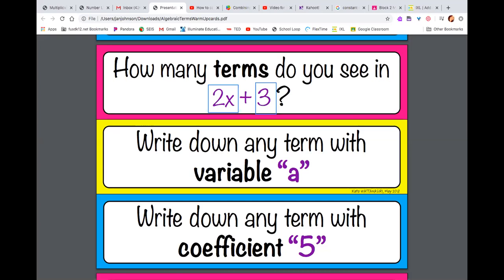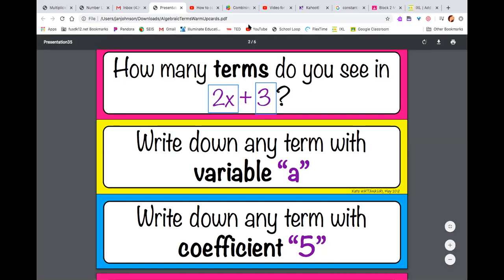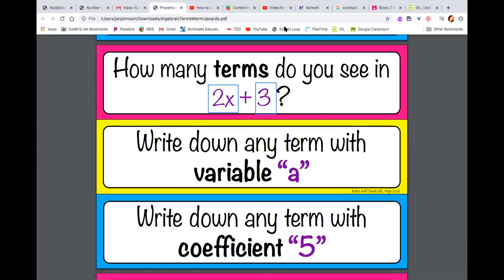From 4 and 8. So 48, or just a 4 and an 8? I'm hearing 4 and 8, or maybe 48.